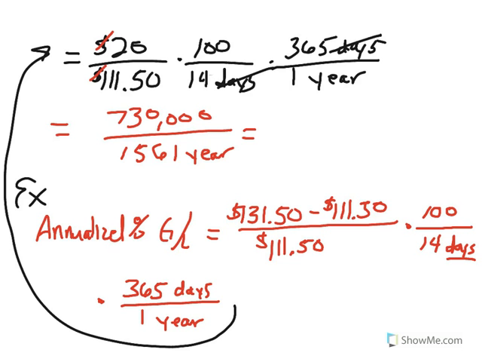Divide those. 730,000 divided by 1561. Let's just round to the nearest whole number. 468% gain per year. So what that would be equivalent to if this stock would continue to rise the way that it does.